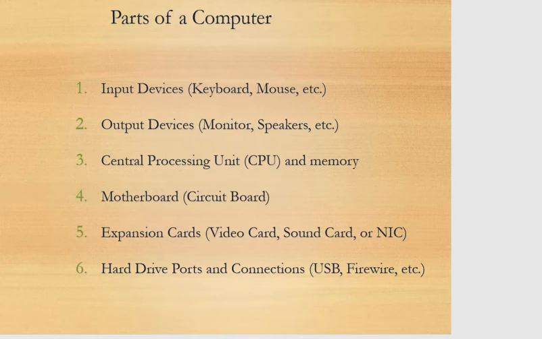We have speakers and many more. Central processing unit and the memory, the motherboard, the expansion cards, the hard drive, ports and connectors, all of them will be looked at before we end the lecture today.